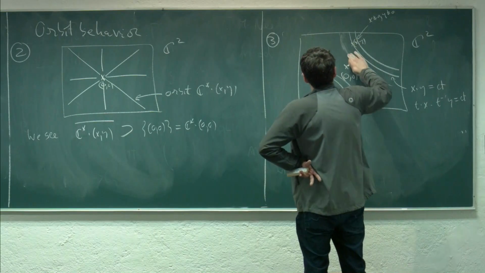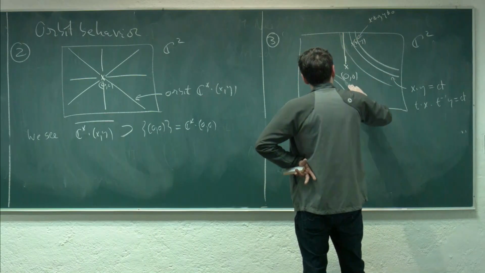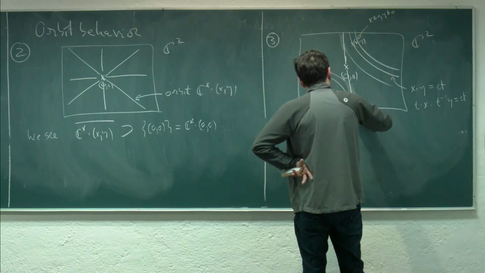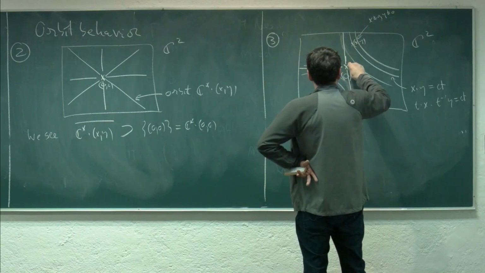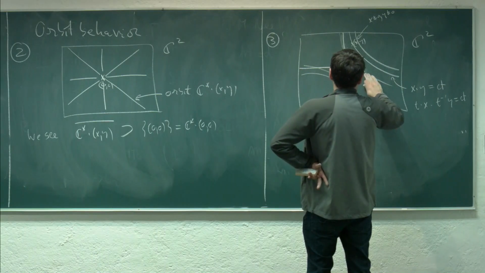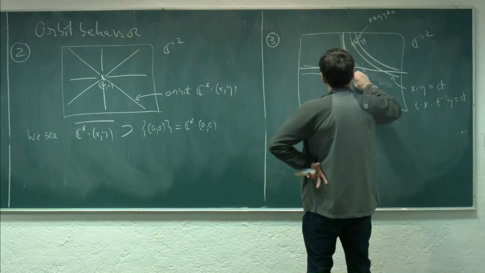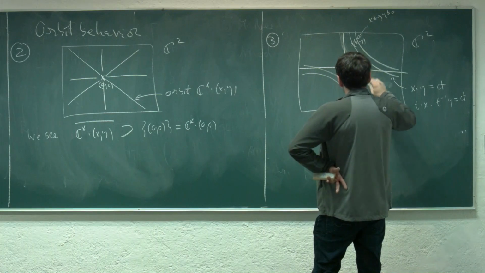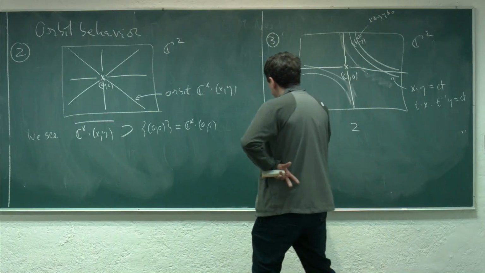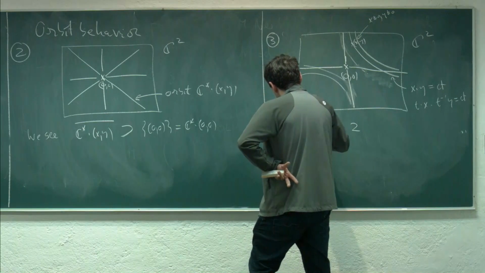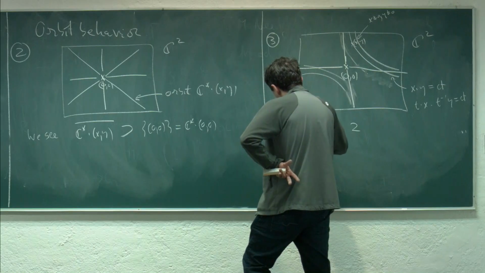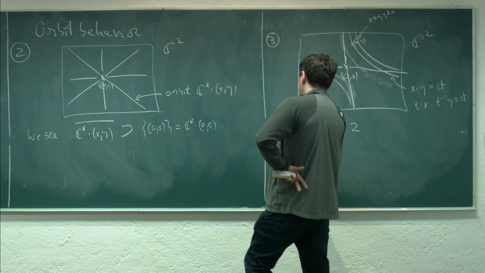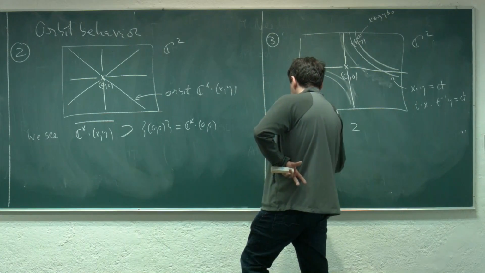There will be some special orbits. Okay, my picture is getting bad. Hopefully you do it better on your own. So there are three special orbits. One is the orbit of (0, 0).